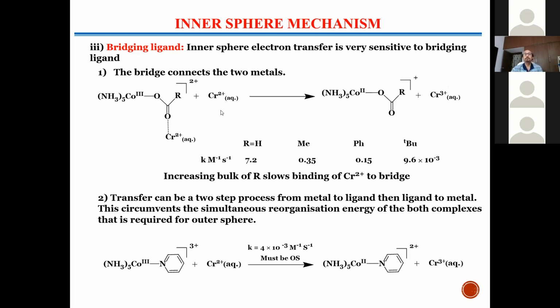Now chromium 2 is getting oxidized to chromium 3, and cobalt 3 is getting reduced to cobalt 2. Okay, and this is the bridging mode. You look at that acetate, that O minus bridged to the cobalt side, and then the double bond O is bridged to the chromium side, right?